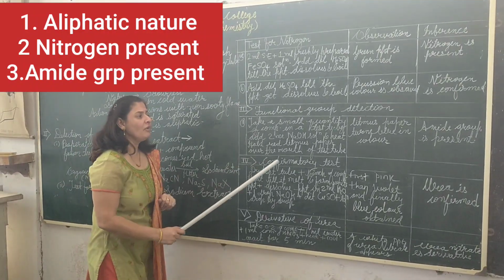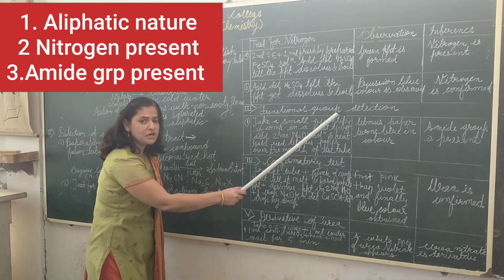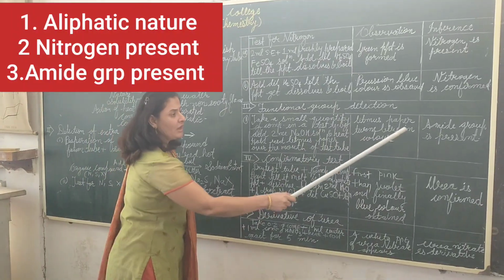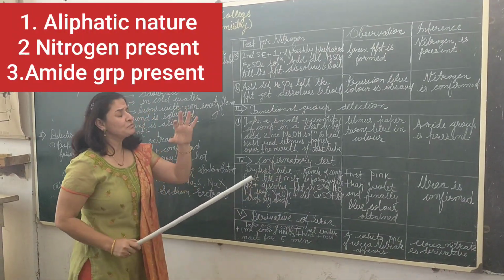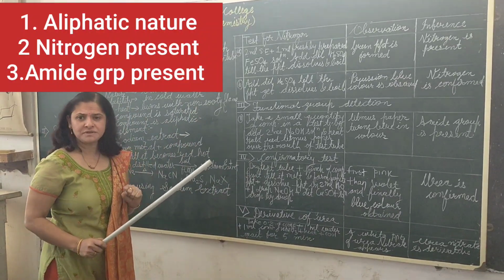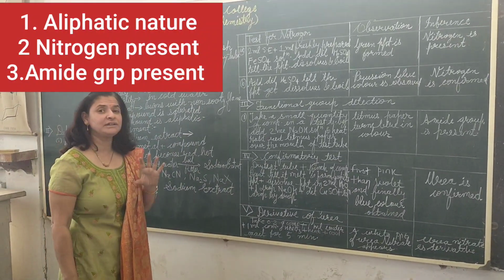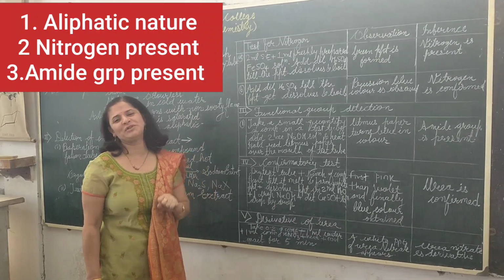Then thirdly, when we tested the functional group, the amide group is present. So from all these three results, we can infer that urea may be present in our compound.